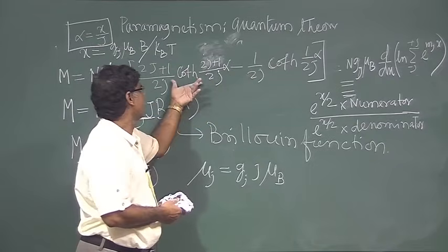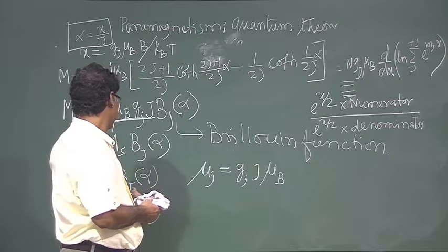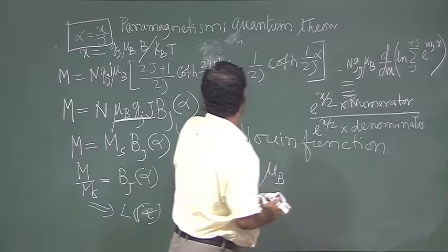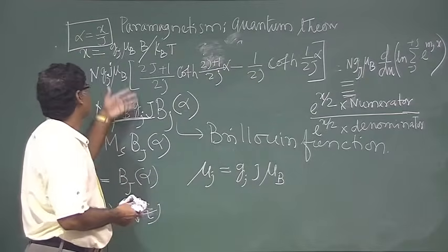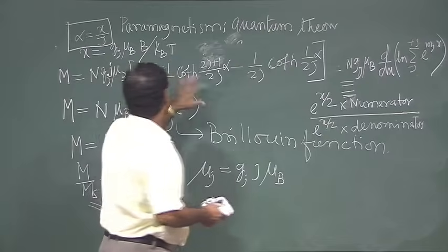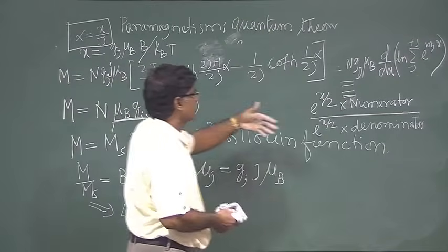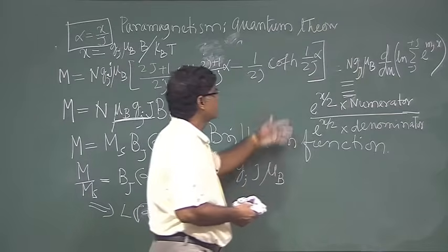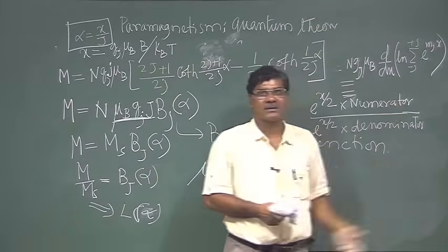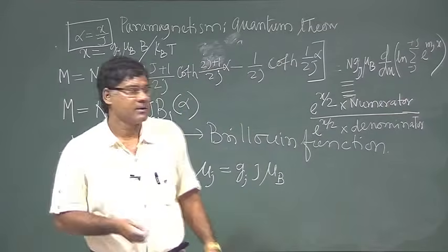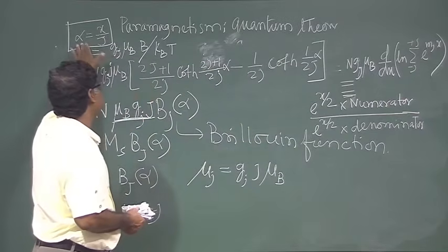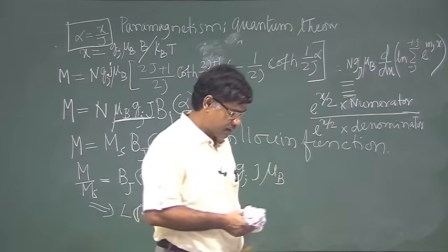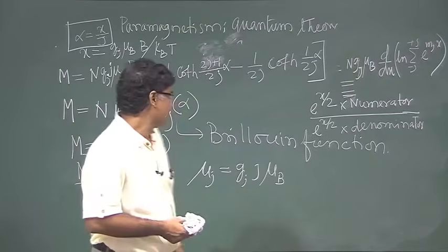So, from this Brillouin function, you can proceed, simplify it, and show that whatever approximation or condition we took before, we reach the C by T Curie's law. So, from here also, if you consider alpha very much less than 1, you can go to the Curie-Weiss law directly. Okay.